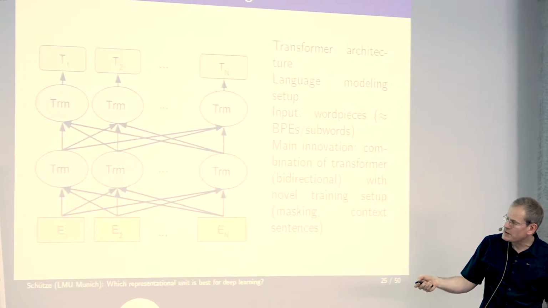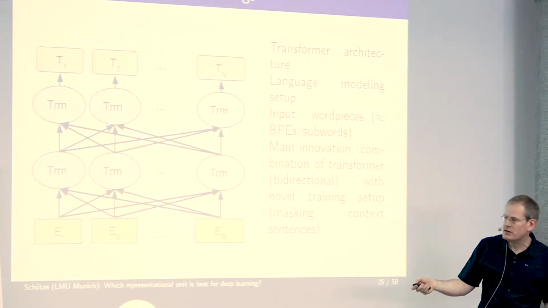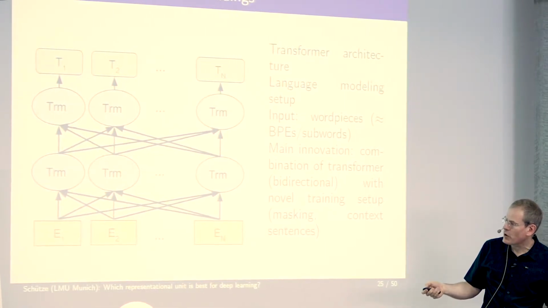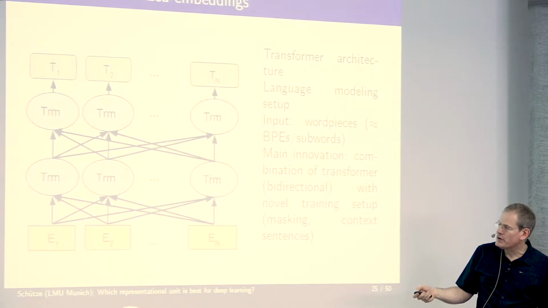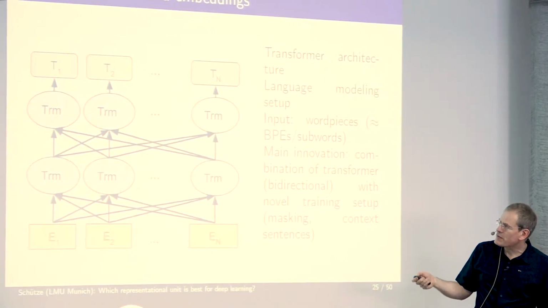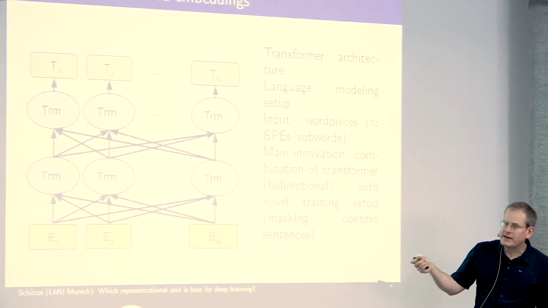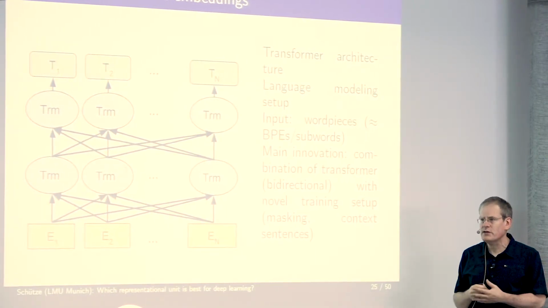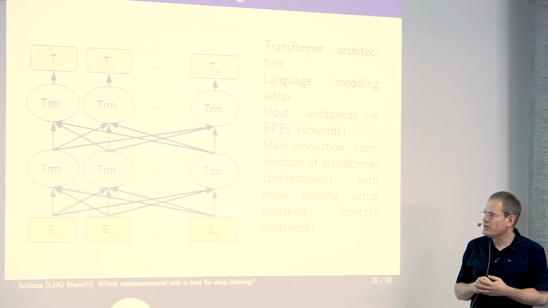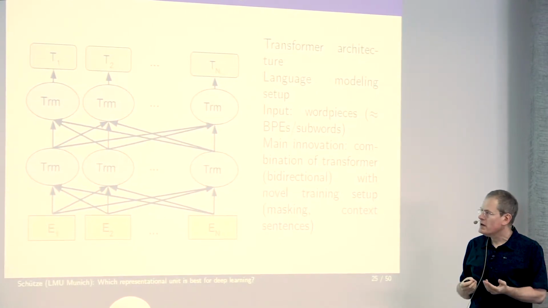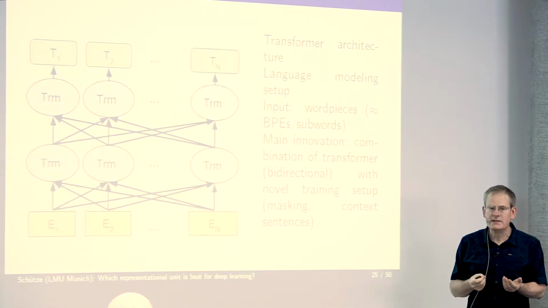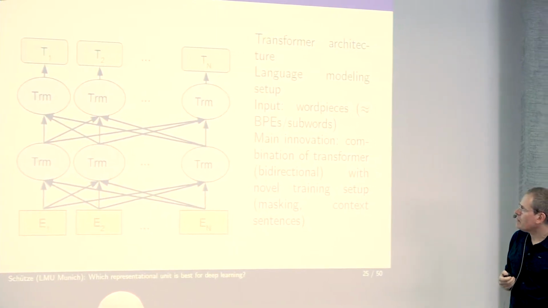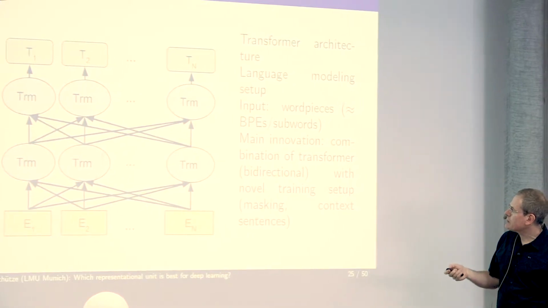To train the model, we mask it. We give the full context of the sentence to the model, except we mask this one word, and then the task of the network is to predict the word that occurred here. This task is difficult, but humans can usually solve it pretty well. So if you train a neural network to mimic this task, then there's some hope that it has learned something interesting. Okay, so that's the basic task of the model.